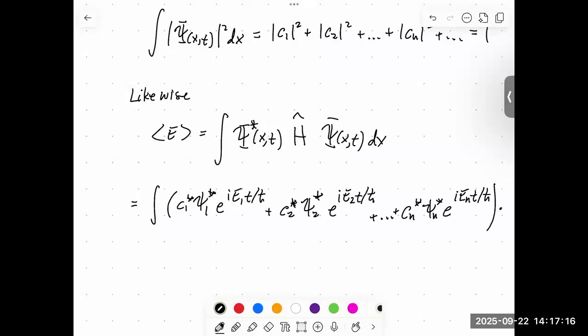All of that has to multiply the unconjugated wave function, but we're going to have our operator acting on each of those.